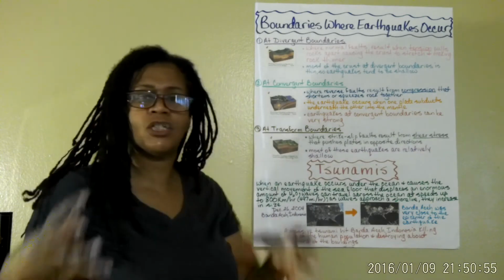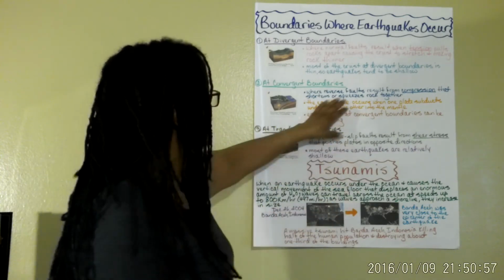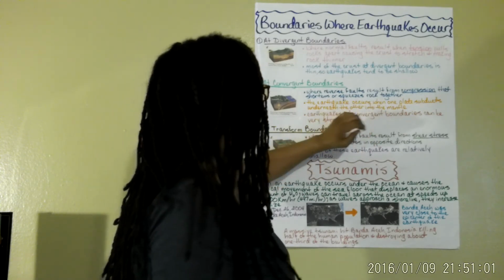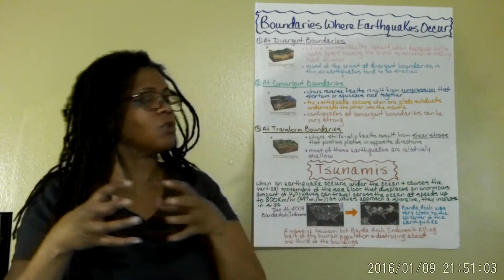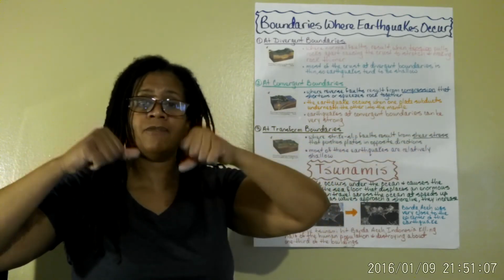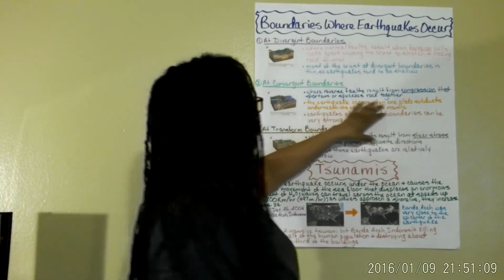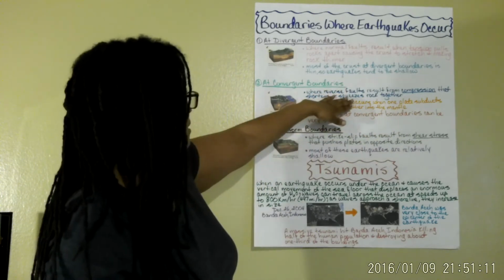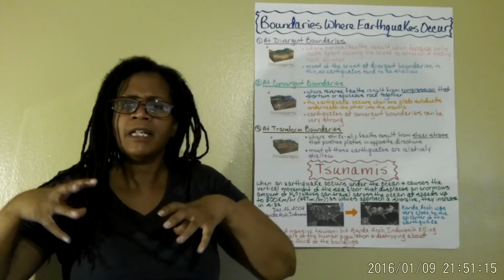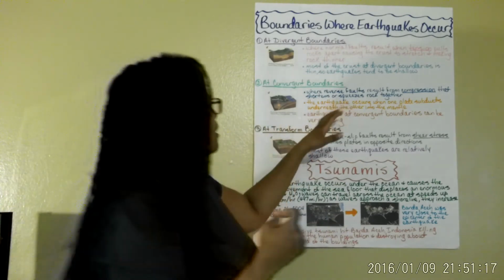The compression squeezes the rock together, and when the rock is squeezed together, remember we talked about the hanging wall and the foot wall, and then what is this? The reverse fault. So the reverse fault, the hanging wall gets squeezed, but it gets pushed.